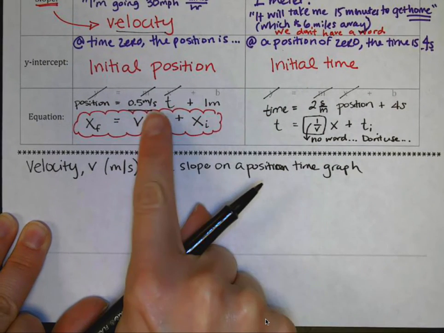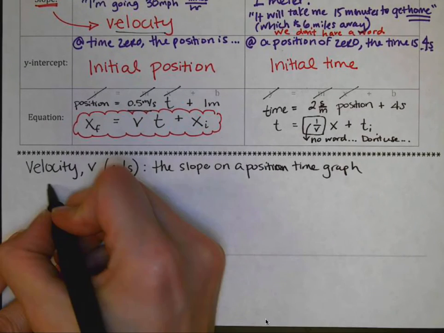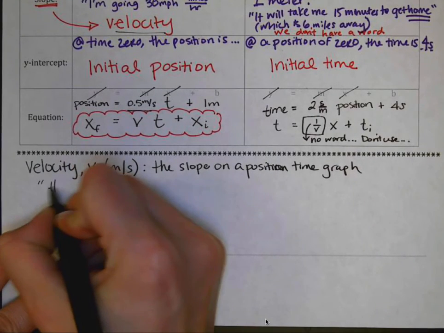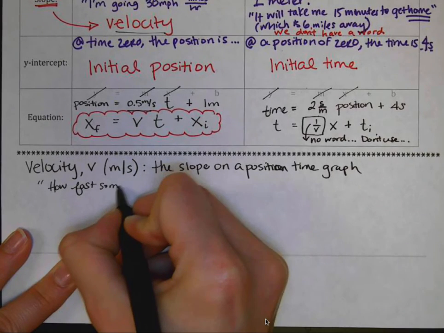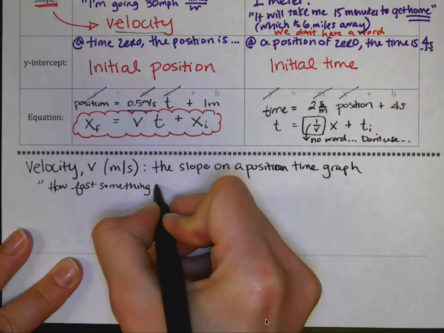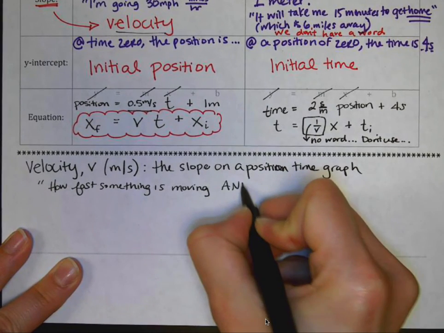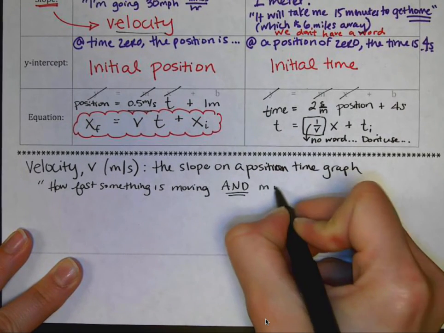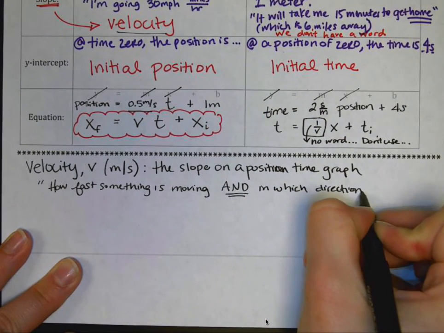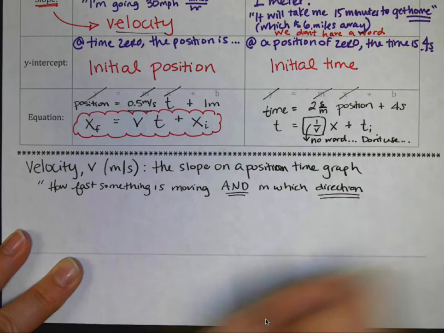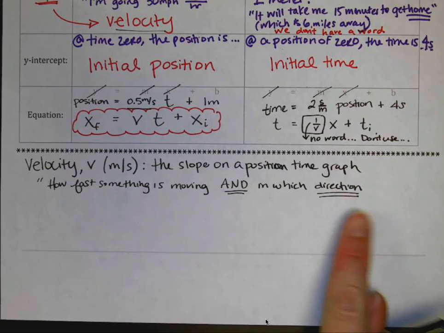So the slope of this one. And in our definitional term, it's kind of how fast something is moving and in which direction. So we have to relay not only the speed that we're talking about, but also the direction.